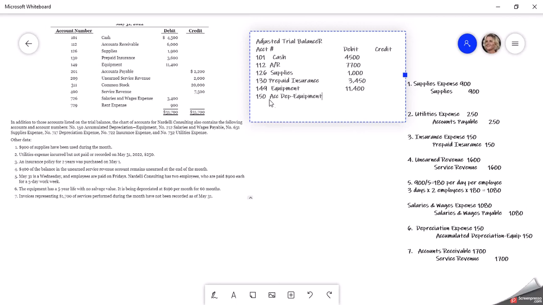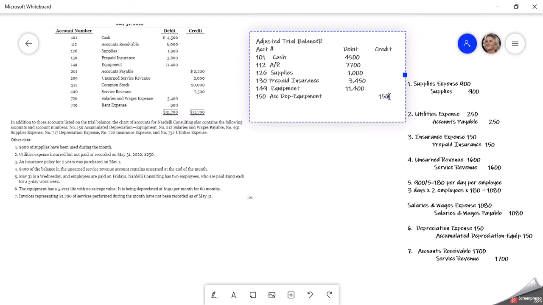So that's my abbreviation for accumulated depreciation equipment. And then this is going to be a credit balance though. Remember, it's what we call a contra account. So even though it's in the asset section, its normal balance is a credit. And if we look down at our entries, here it is. We set it up for $150. Okay.